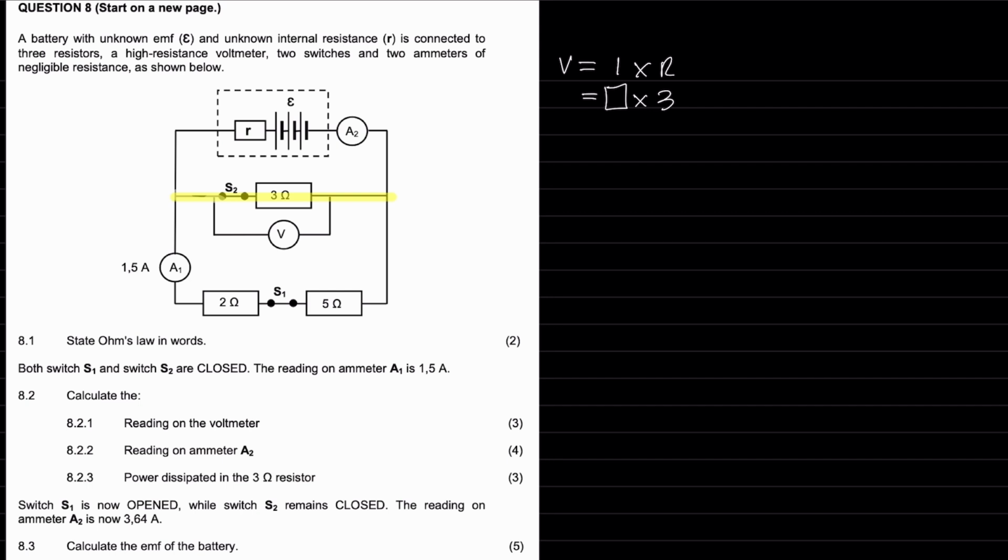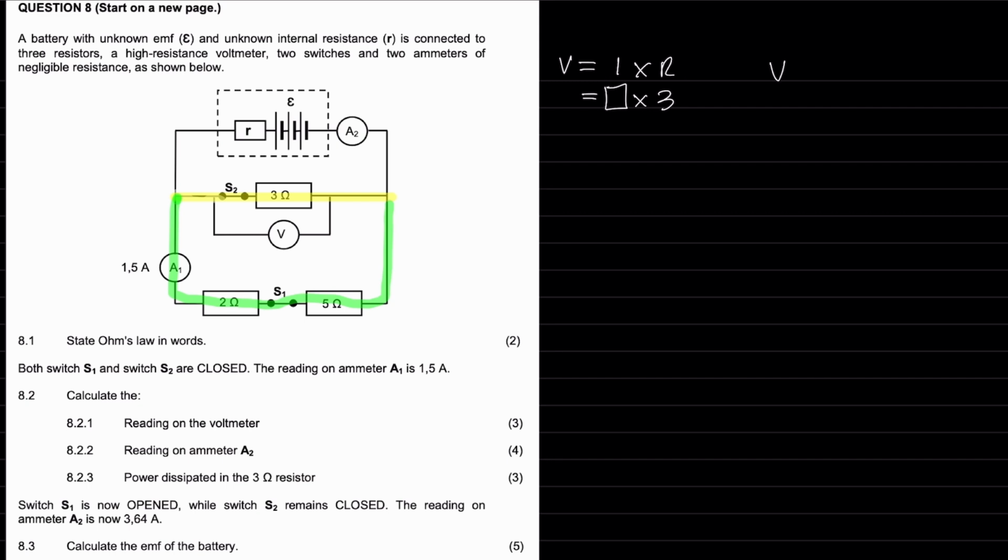But if we remind ourselves that this is a parallel circuit, we know that the potential difference in both branches will be the same. So if we work out the potential difference in the green branch, that's going to be the same as the potential difference in the yellow branch. So let's shift our focus to the green branch.